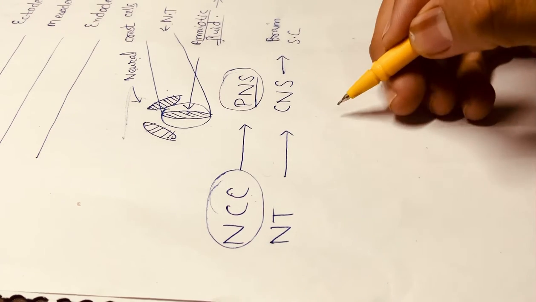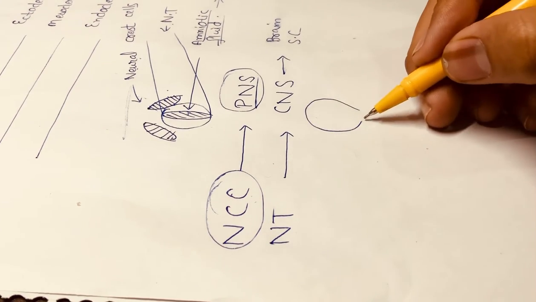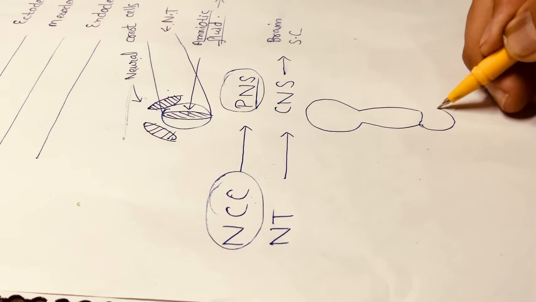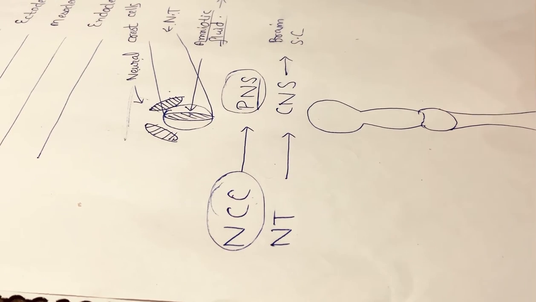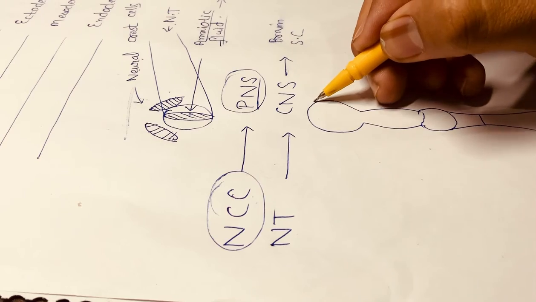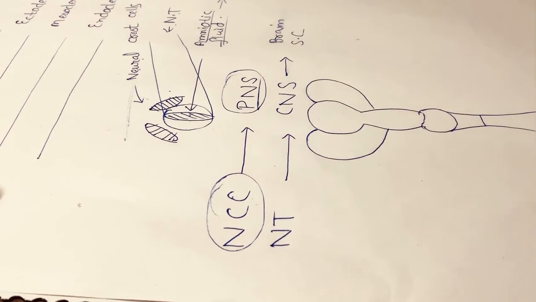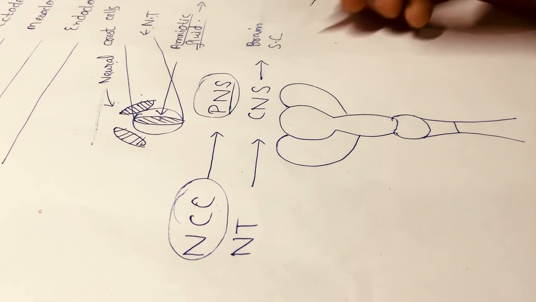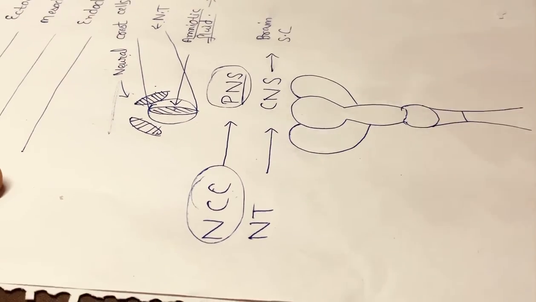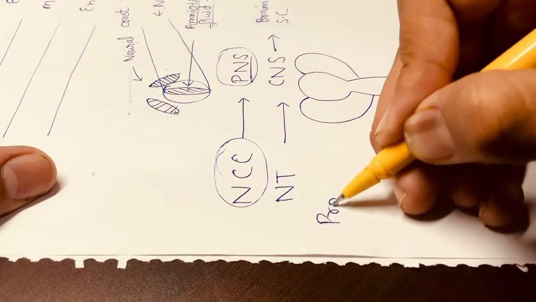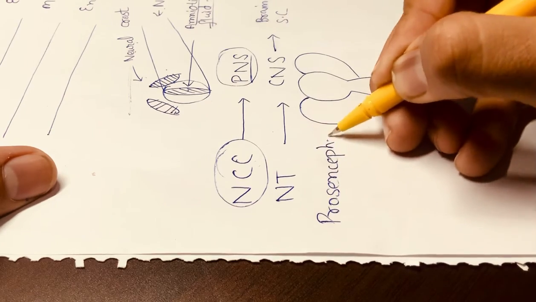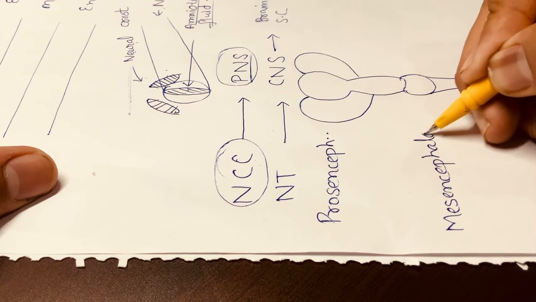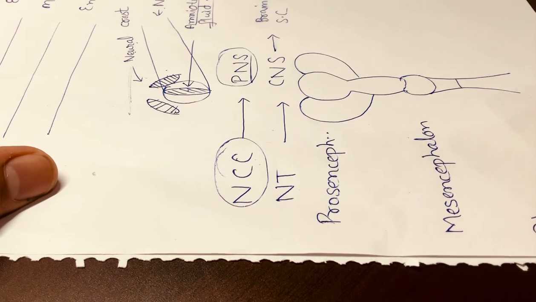Now what happened to this neural tube? This neural tube forms certain vesicles. There are certain primary vesicles. Primary vesicles include prosencephalon, mesencephalon, and rhombencephalon.